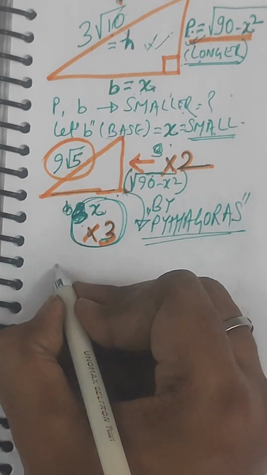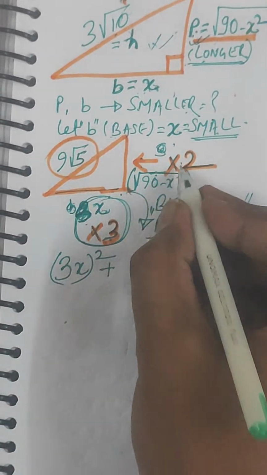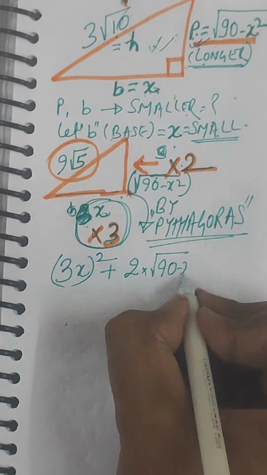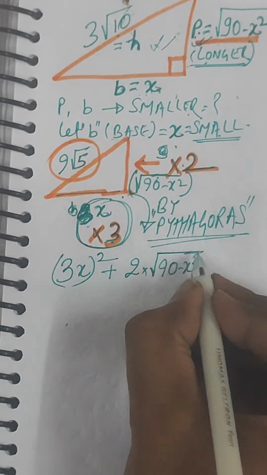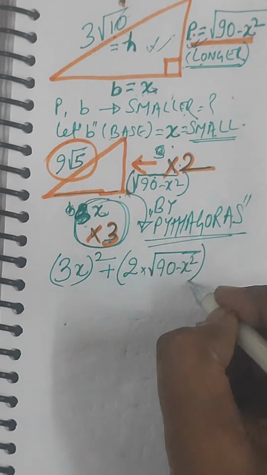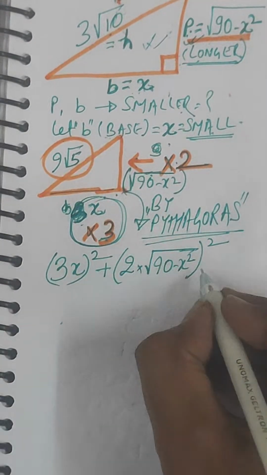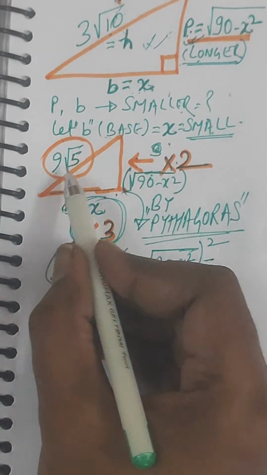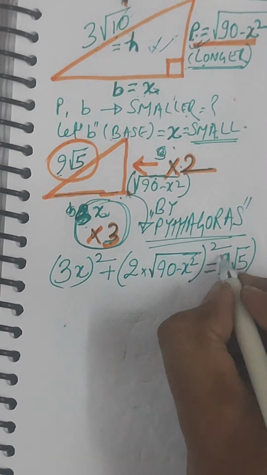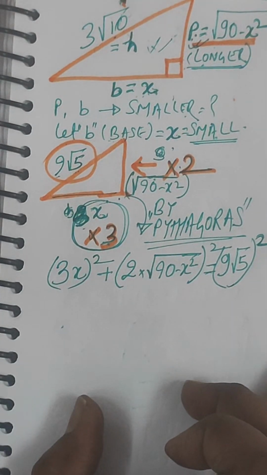So base square, that means 3x whole square, plus perpendicular square, that will be 2 times root over 90 minus x square, because it is already doubled, squared. Base square plus perpendicular square will be equal to hypotenuse square. The new hypotenuse is 9 root 5, so just put 9 root 5 whole square, and solve this equation to get the value of x, right?